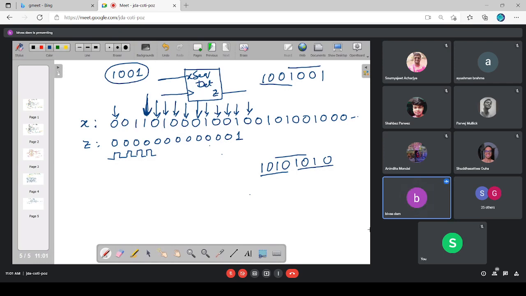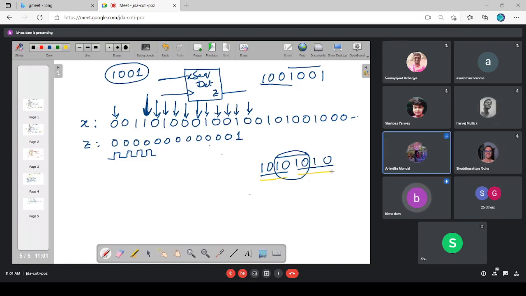But apparently this can be one sequence if you allow overlapping. But if you do not allow overlapping, in that case, this will be one sequence, this will be the second sequence. Is it not? Yes, sir.